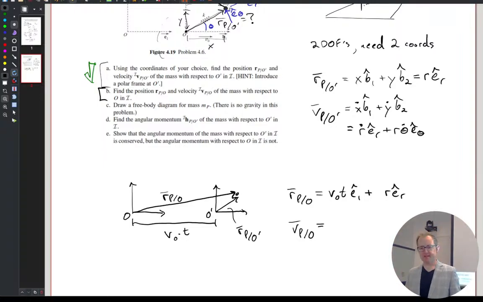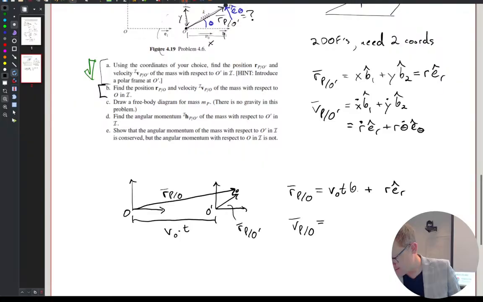Can I do this? Sorry, it'll catch up in a second. Is there any difference between this E1 and B1? What happens if you move a unit vector?